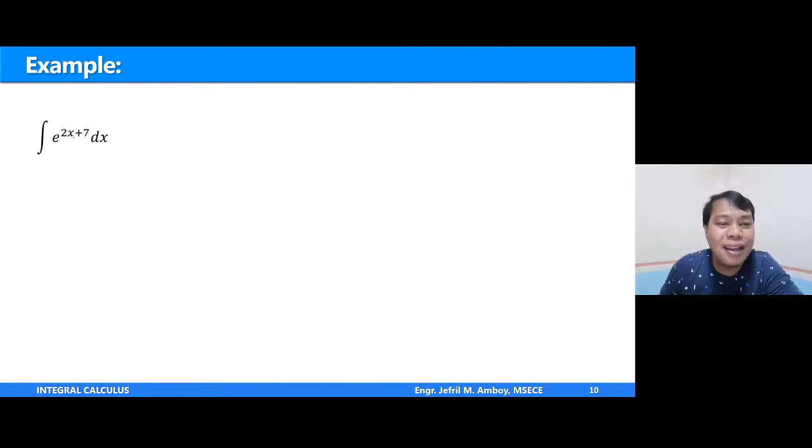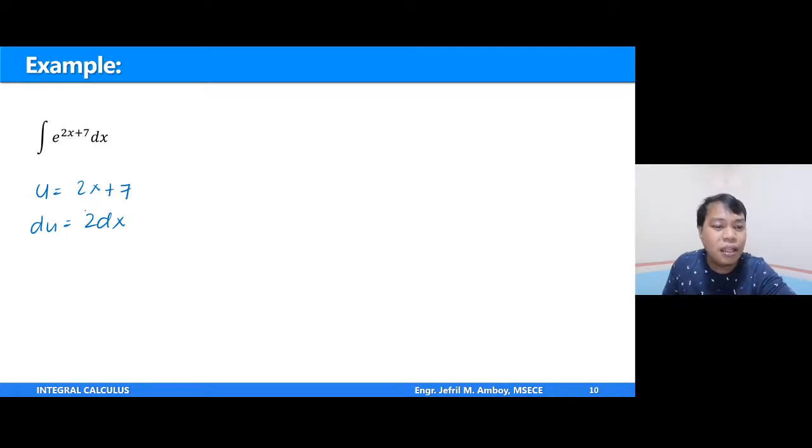Nagkaroon dito ng, yung exponent nga nagkaroon ng plus. Ano naman ngayon kung nagka-plus? Di gawin mo pa rin siyang u. No? What if my u is 2x plus 7? So, yung makukuha natin na du is 2dx. So, I can just replace this with u. So, magiging e to the u na lang. Tapos, yung dx mo, magiging du over 2.